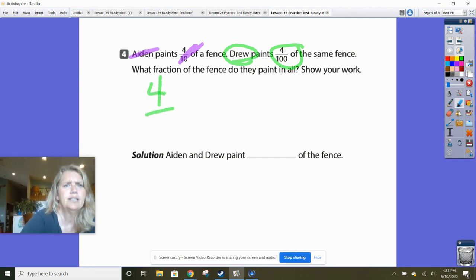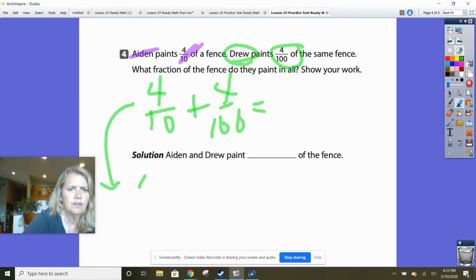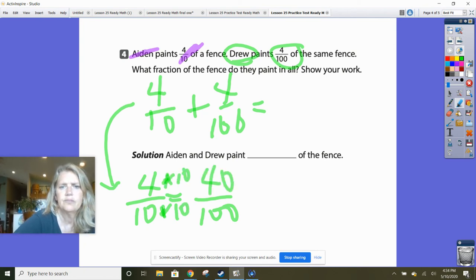So we've got 4/10 plus 4/100ths. It's easiest probably to switch the 4/10 to hundredths, times 10 over 10. 4 times 10 is 40.